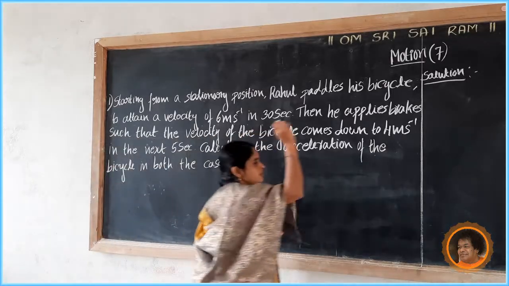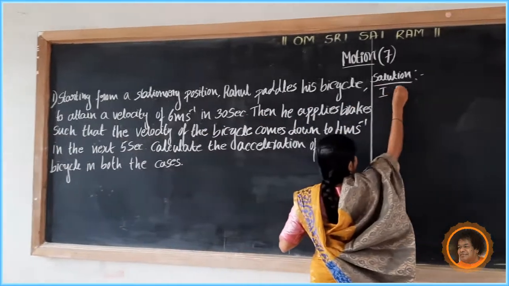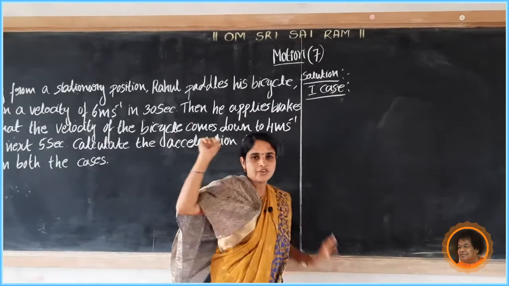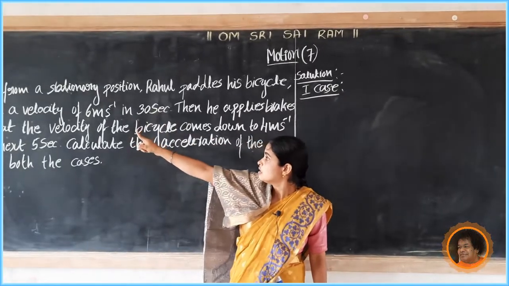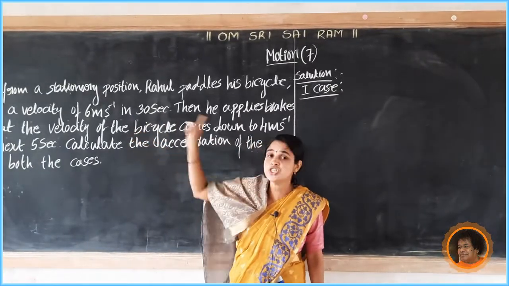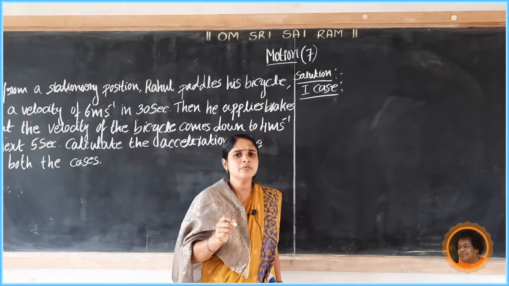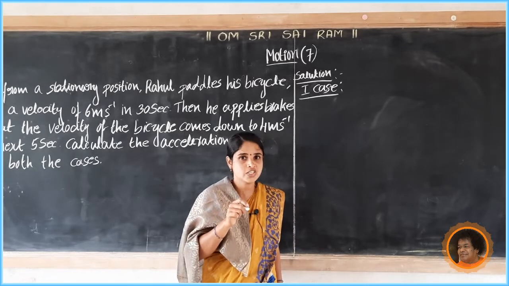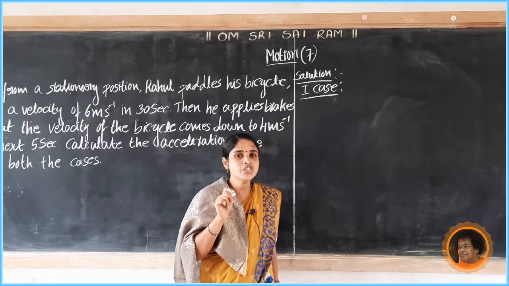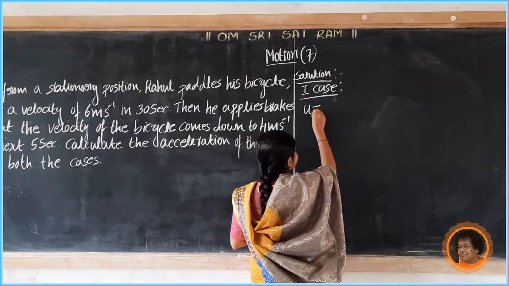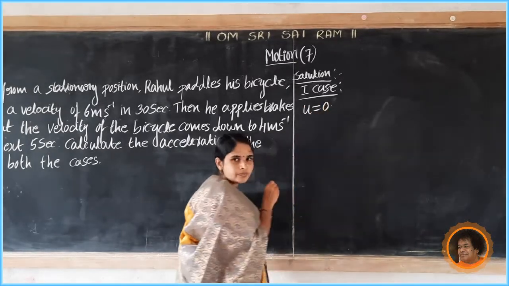In the first case, write the data. Rahul starts from a stationary position. Stationary position means rest, in the state of rest. So in that case, initial velocity becomes 0, U equals 0.